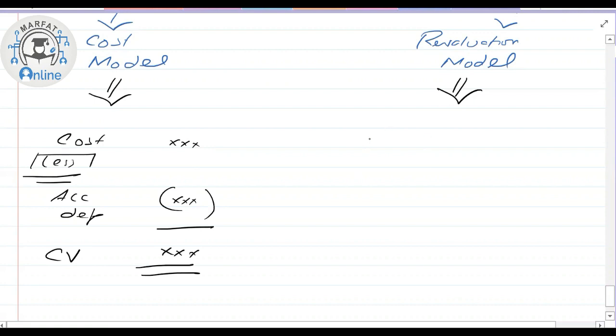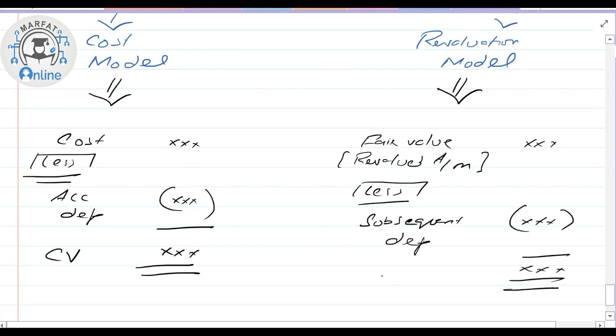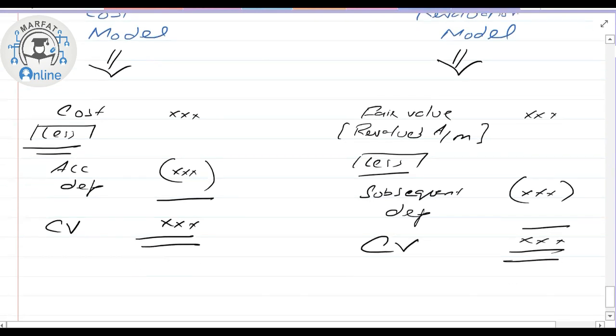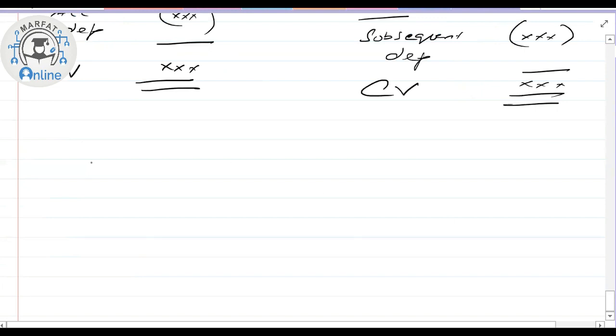A revaluation model is fair value, or you can say revalued amount, less subsequent depreciation. Again, it gives you the carrying value. Now we need to understand these things one by one. First of all, starting from the depreciation.